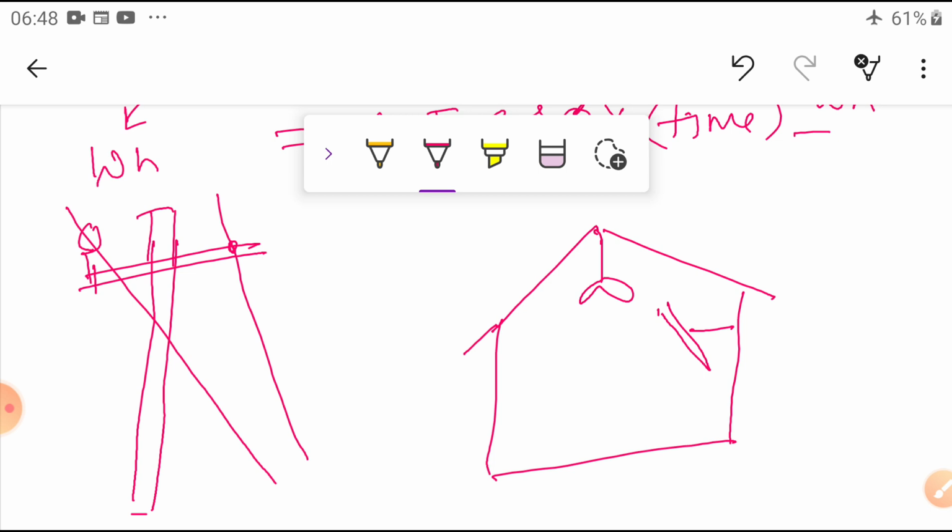I will approach the electricity department people, apply the form, and take the connection. Then he will come, take one service wire and give it to our connection. One is a phase and one is a neutral in the service wire, and one meter is connected initially in our premises. So what is that one?